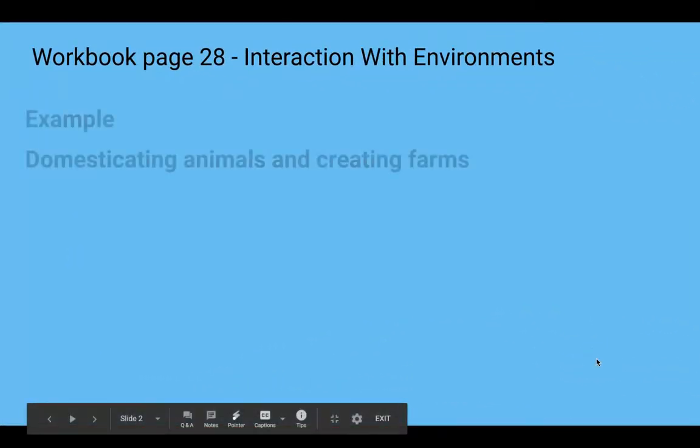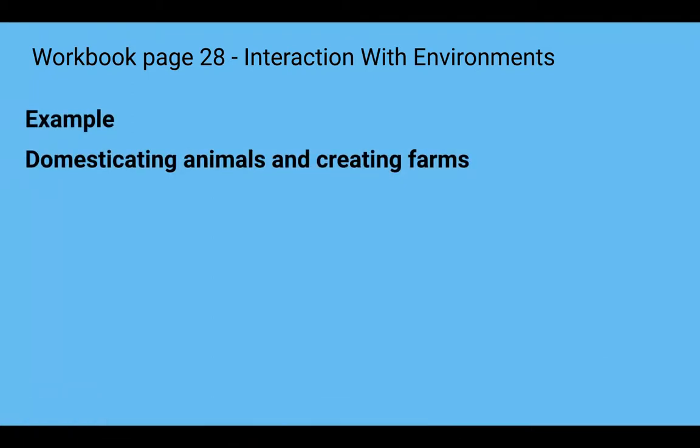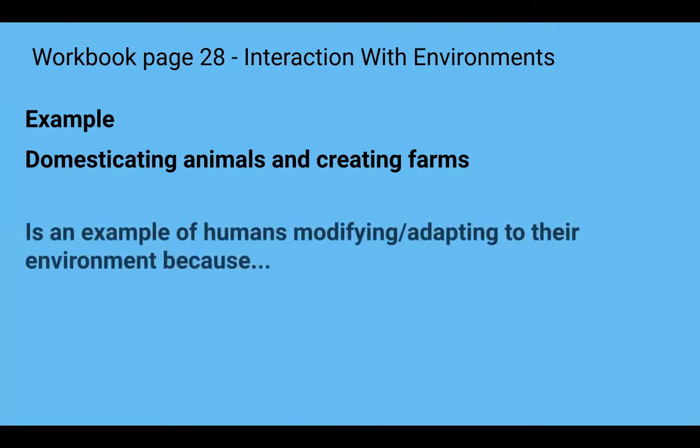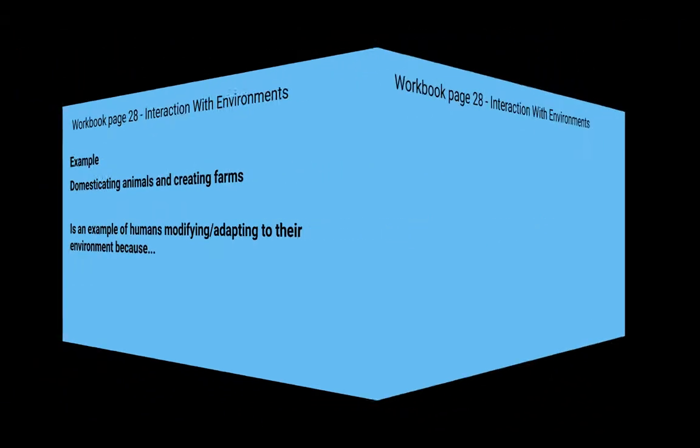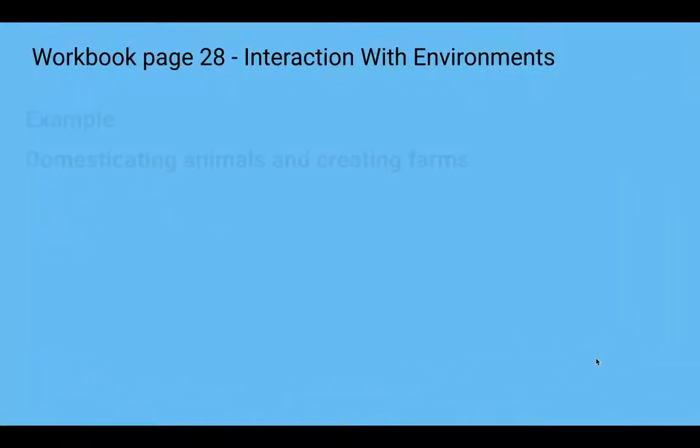So, for example, domesticating animals and creating farms. So I said this is an example of humans modifying or adapting to their environment because, why?